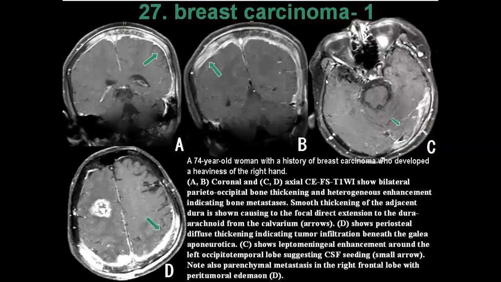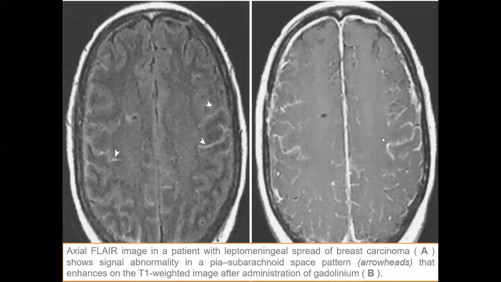So again, in breast carcinoma, you can see here dural deposits, intracranial deposits, and some arachnoid deposits, pia-arachnoid deposits. In another breast carcinoma, you can see a different pattern in the T2 images, FLAIR images, and enhancement. These are not normal.